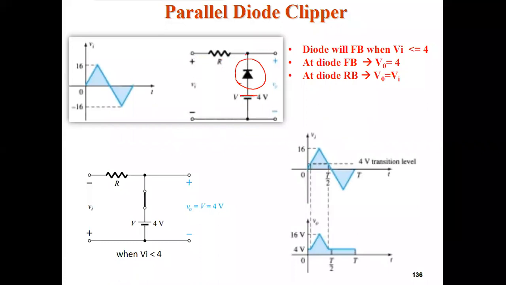If the N side voltage is at a lower potential than the P side voltage, then the diode is forward biased. So if your input voltage Vi is less than or equal to 4, then the diode will be forward biased.